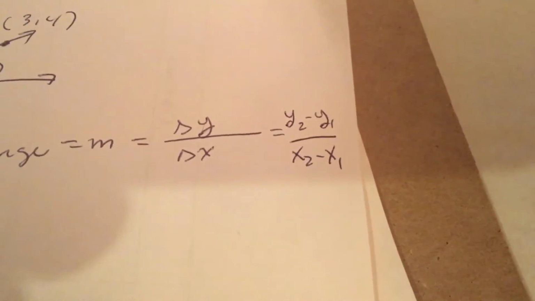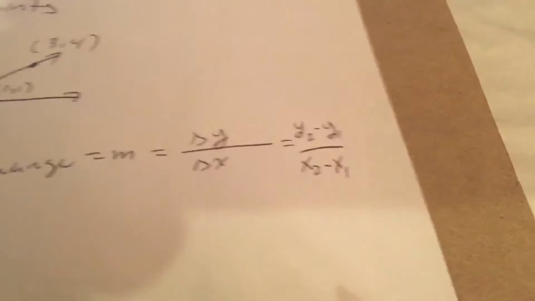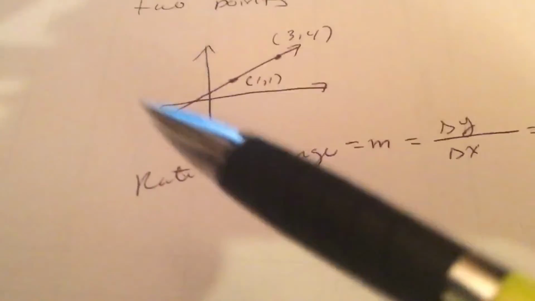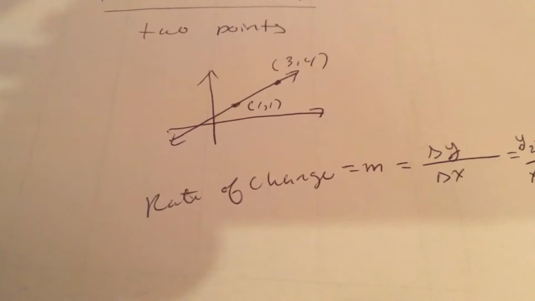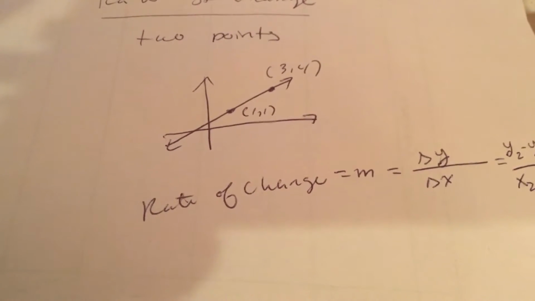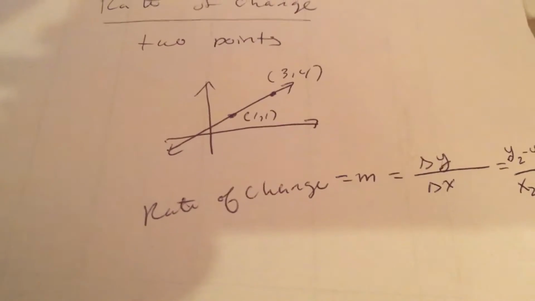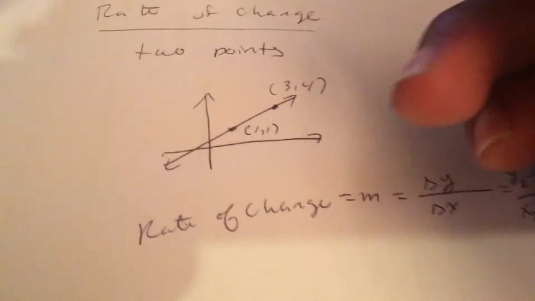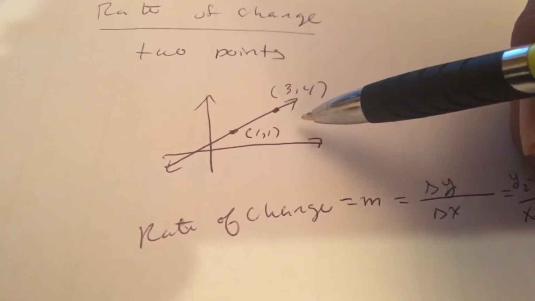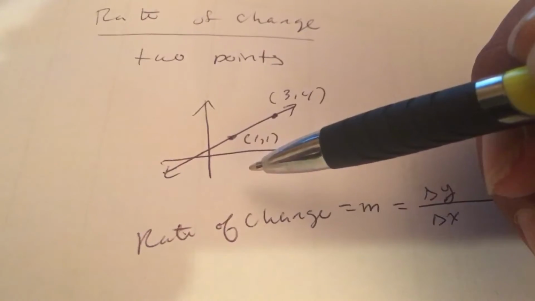Now notice how it's a difference between 2 points here. We're taking the difference between 2 points. I would argue it doesn't necessarily matter which point you choose as your x1, y1 or your x2, y2, as long as you pick one and stay consistent with it. But typically, we might want to choose the one furthest to the right as our x2, y2, and the furthest to the left as our x1, y1.